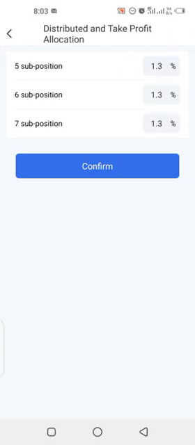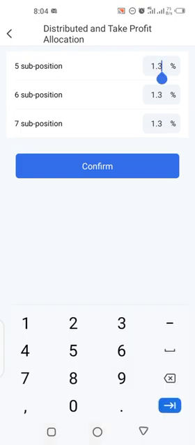Now here, you want your robot to sell not with a high take profit. Why? Because you want it to sell, then it sells the other big one where you had put your high take profit. And so this one is okay. 1.1 is more efficient, or 1.3 is also okay.